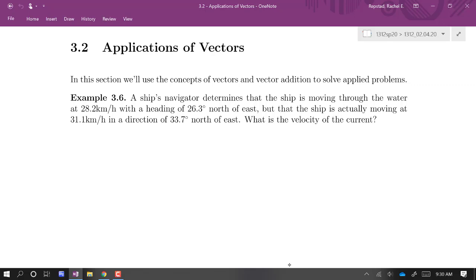So I think the idea, let's say VC is velocity of current. Vs will be the velocity of the ship through the water.